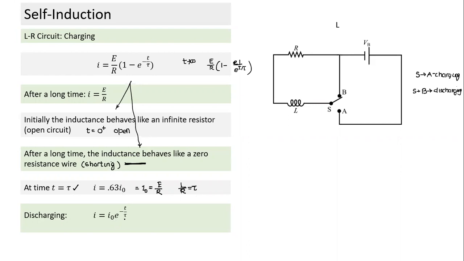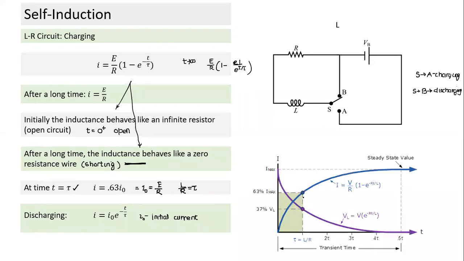And this I naught indicates the initial current. At time t equal to 0, this is the initial current. And in this case, current will decay exponentially, similar to decay of charge exponentially in case of RC circuit. And in this graph, I hope all of you recall, if I plot I on the y-axis and t on the x-axis, this graph is familiar.